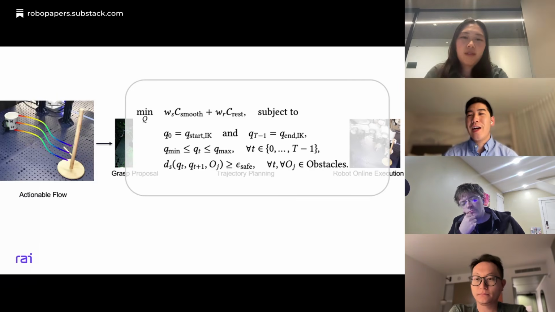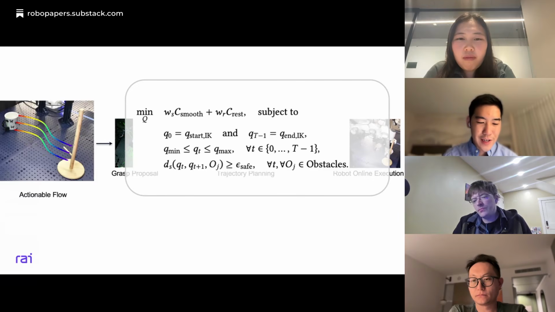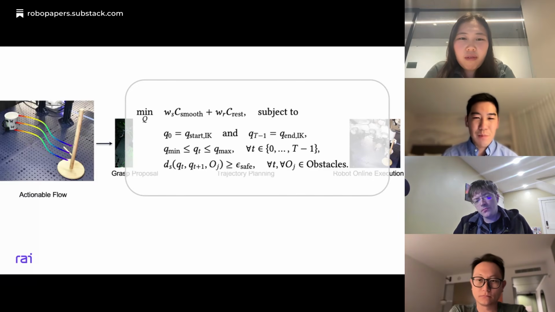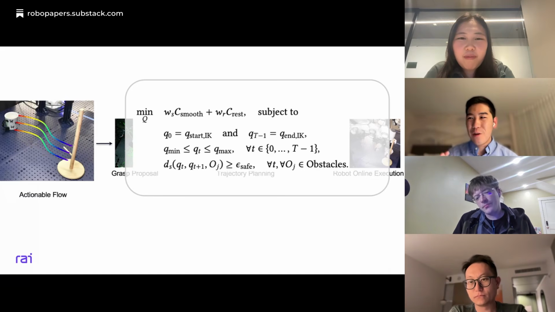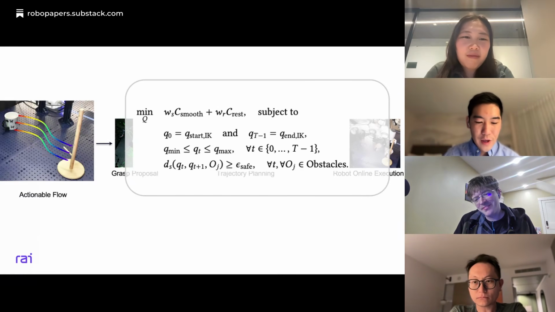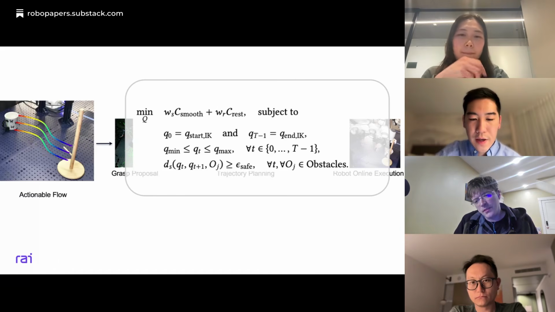There was a reason: at that time we were still believing that the human hand might not work. But later on, we found that it's probably much more stable than what we thought. So later, probably Jiahui will introduce how we incorporate the human hand prior. But here we just use a grasp proposal directly from GraspGen.